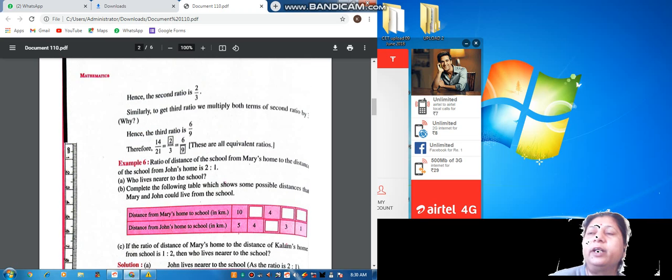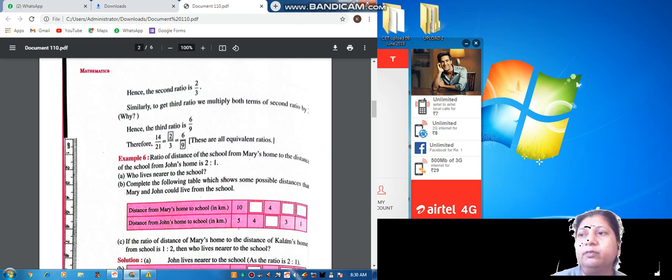Hence, the second ratio is 2 upon 3. Similarly, to get the third ratio, we multiply both terms of the second ratio by 3. Because the third ratio is 6 upon 9. So therefore 14 upon 21 is equal to 2 upon 3 is equal to 6 upon 9.